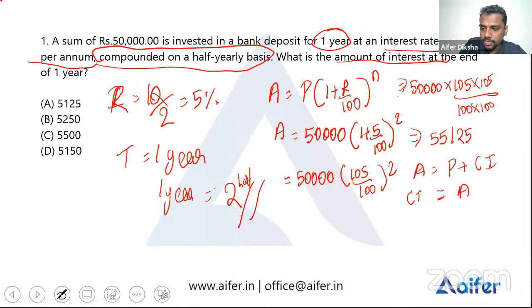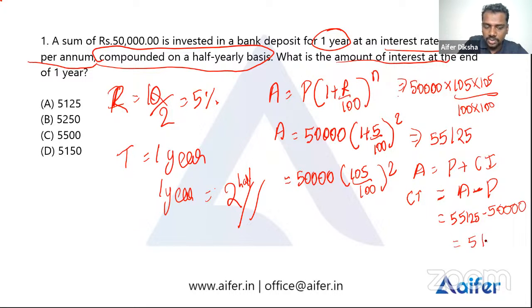The amount is 55,125, the principal is 50,000, so we have 5,125. I hope it's clear.